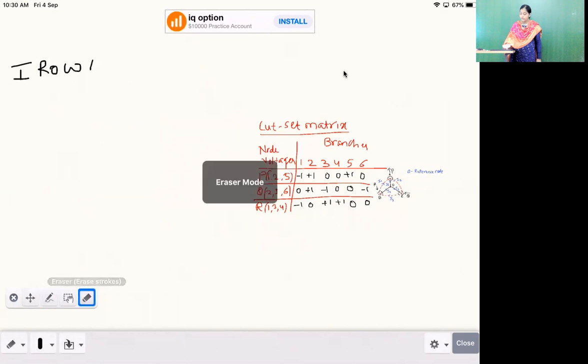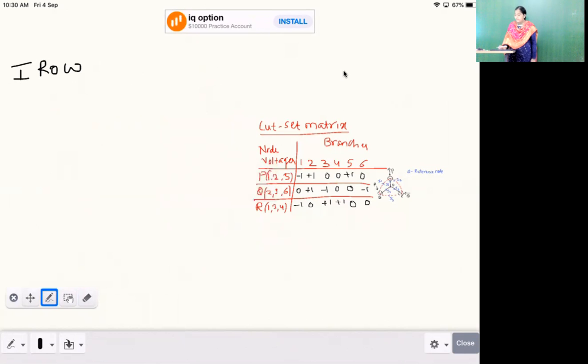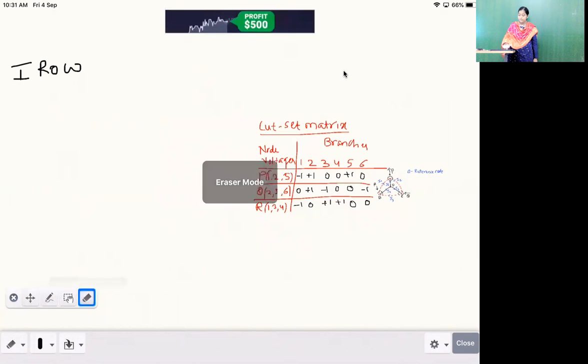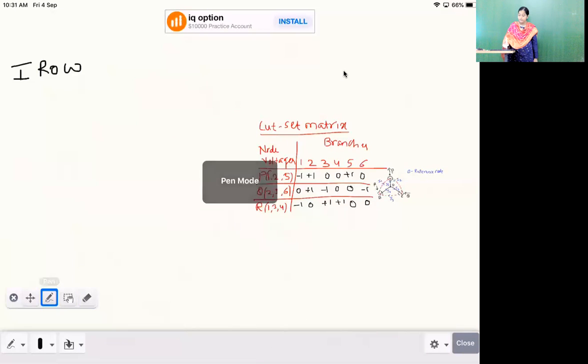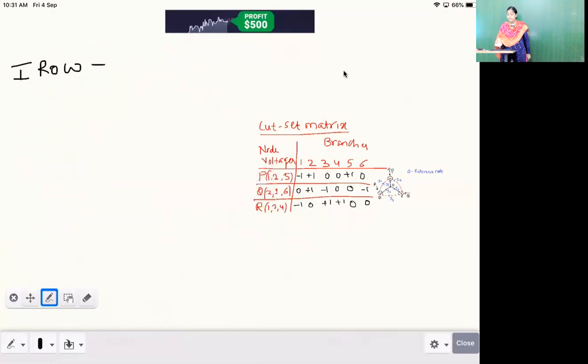Row wise, if I write, it will give me the expression for the currents. For the first row, you see here 1 is existing, 2 is existing and 5 is existing. It will give me the relation for the branch current. How will I write the expression now?